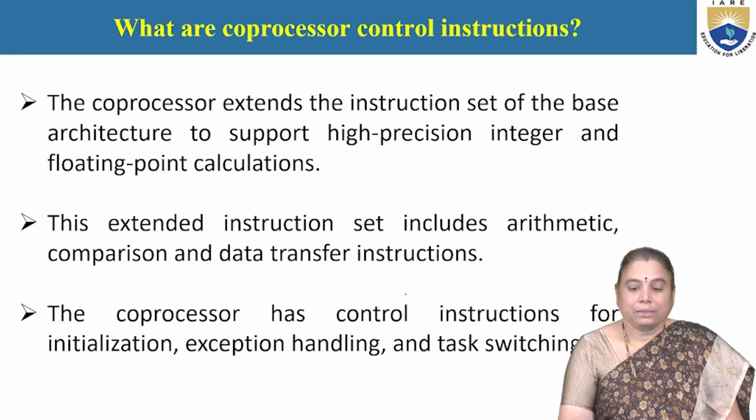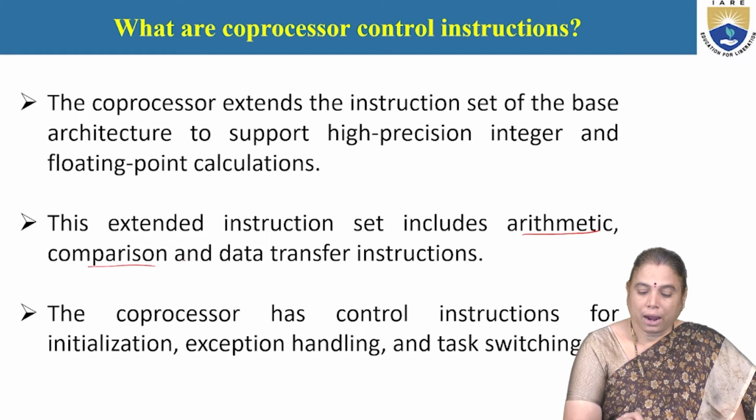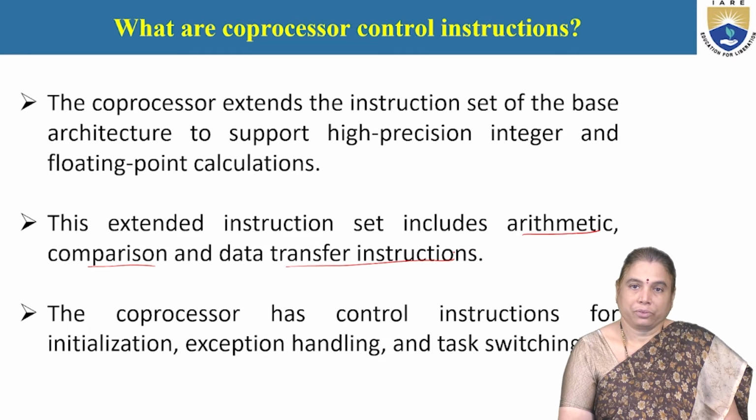This extended instruction set includes arithmetic, comparison, and data transfer instructions. So they can specify the processing of high precision and floating point calculations, which involves arithmetic processing, decision capacity with the help of comparison or logical and bit manipulation instructions, and also support data transfer instructions like move, load, and store instructions.